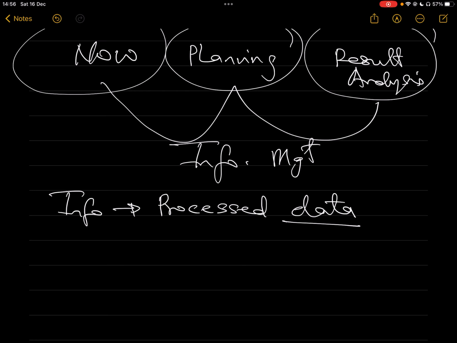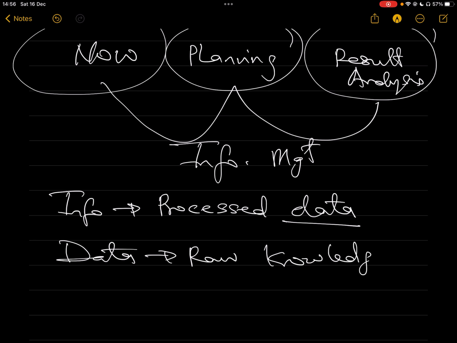Data is, how do I put it for you, raw. When you have raw knowledge, it doesn't make any sense to you. You just have unprocessed knowledge, raw characters. It can be numbers, it can be alphabet, it doesn't make any sense to you, and that is data.